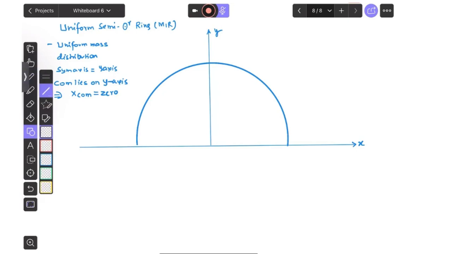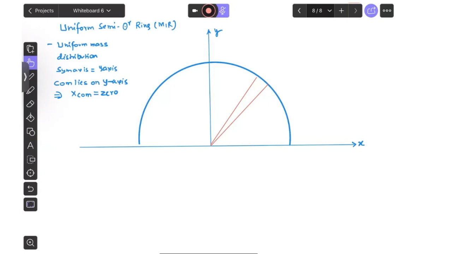So we will consider this ring to be made out of an infinite number of strips. What kind of strips? Each one of them making an equal but very small angle d theta at the center, and the angular position will be different.